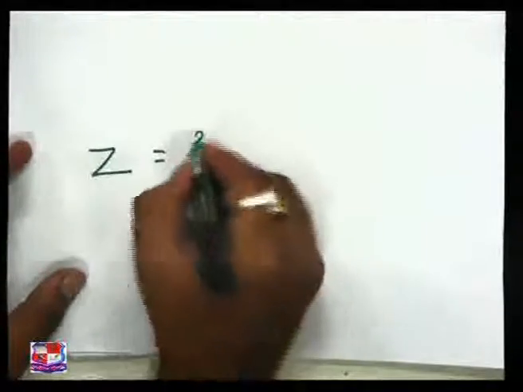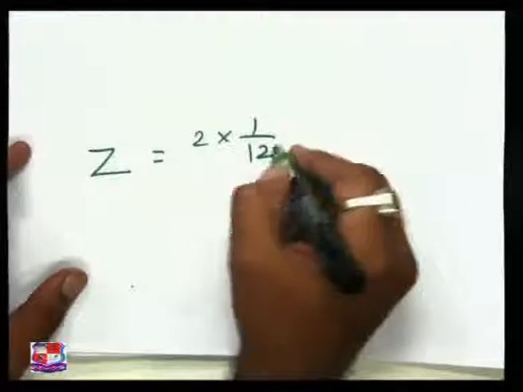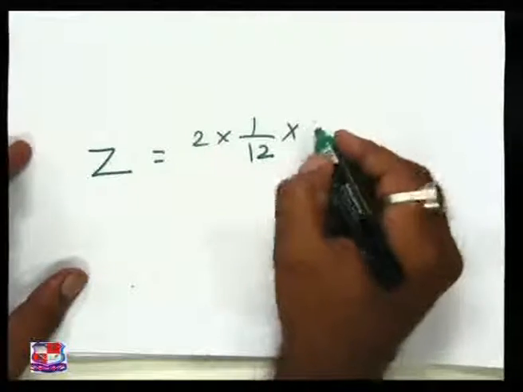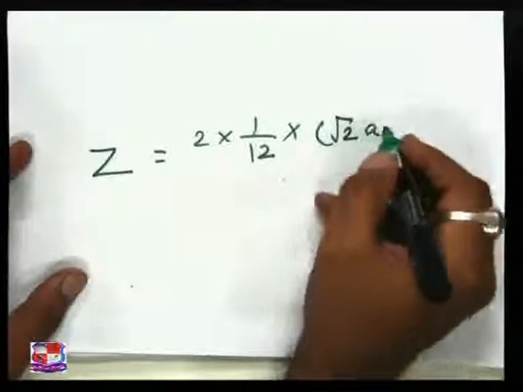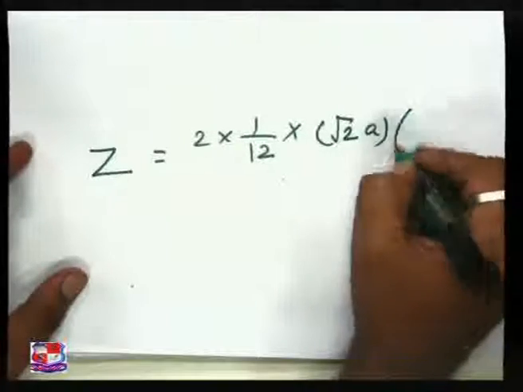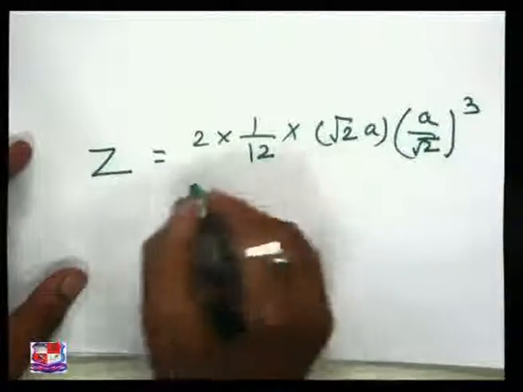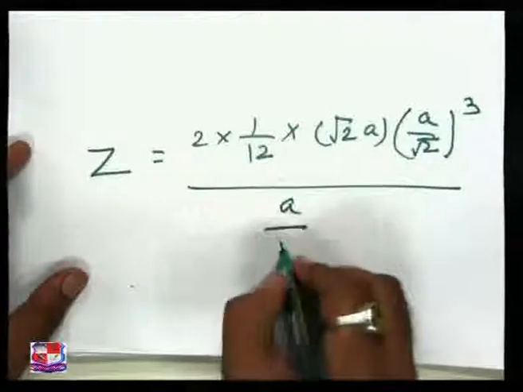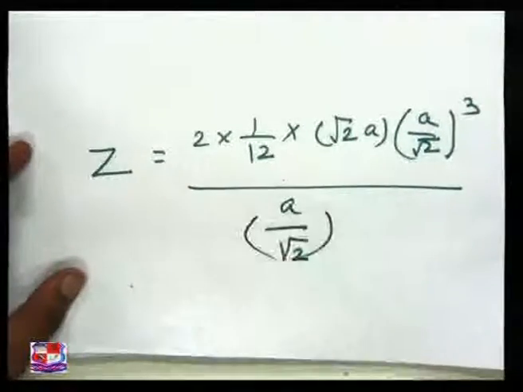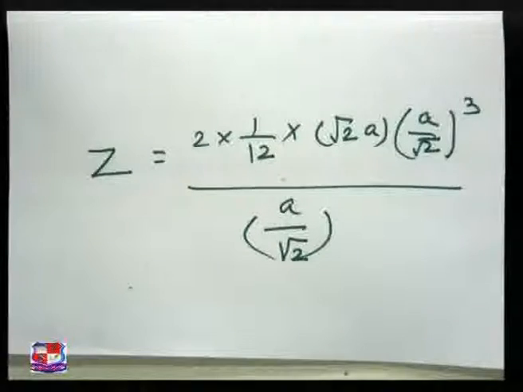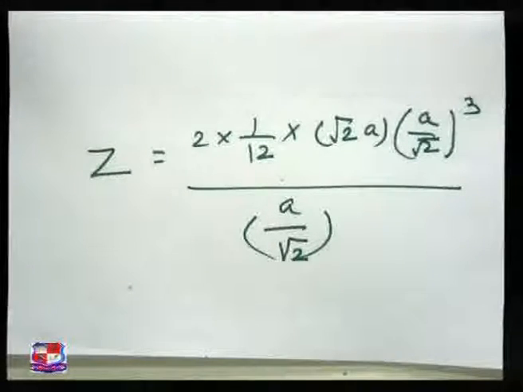If we simplify once again, z is equal to 2 into 1 by 12, b is root 2a, h is a by root 2 cube, divided by a by root 2. The same thing we achieve on this PPT.